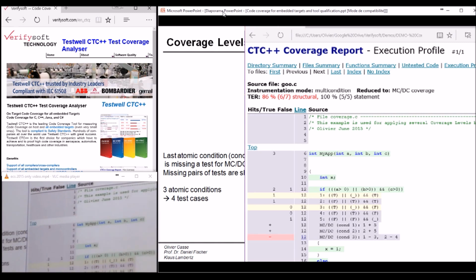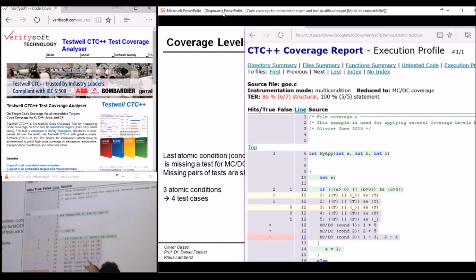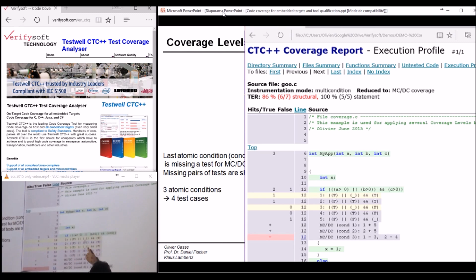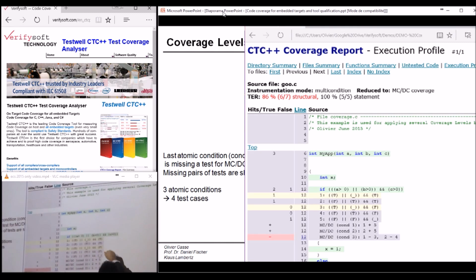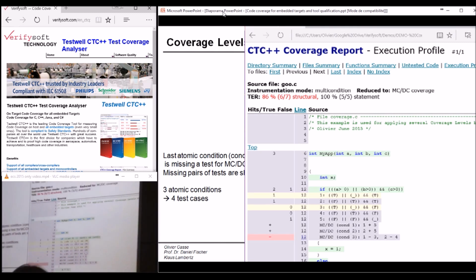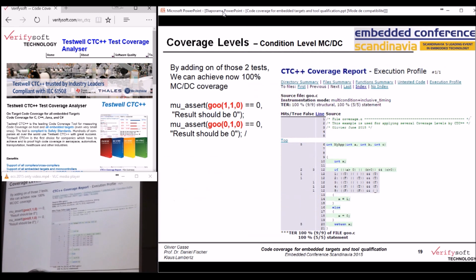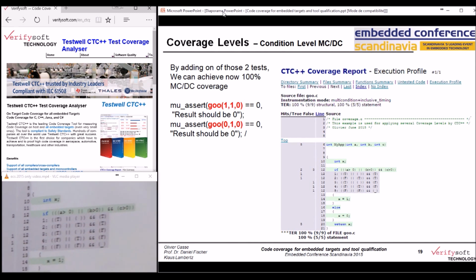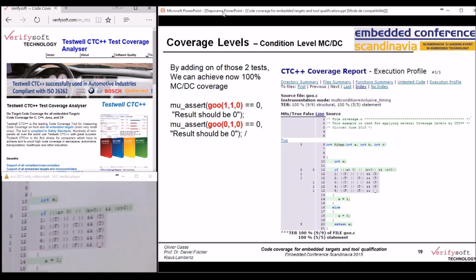So in order to improve my test vectors, my work is to write a vector with A equal to true, B we don't care, and C to false, and I will normally go up to 100%. So this is what we'll do here, and hopefully we'll get to 100% coverage.